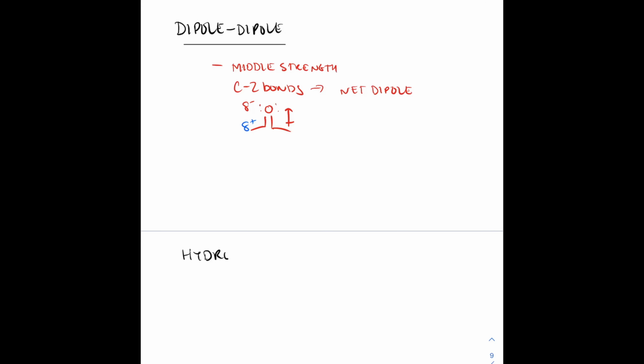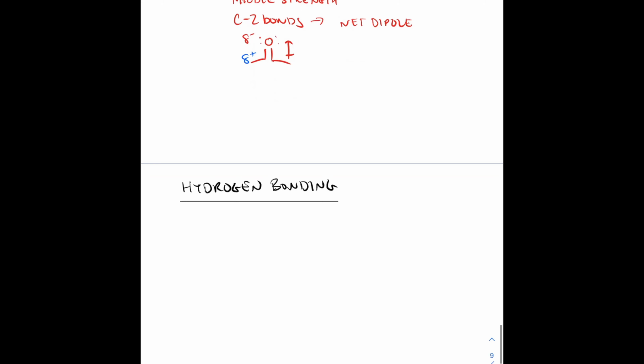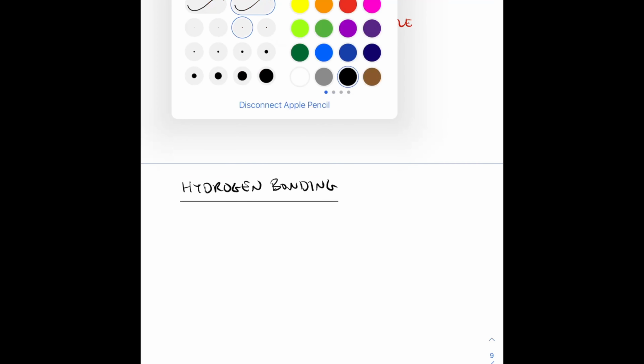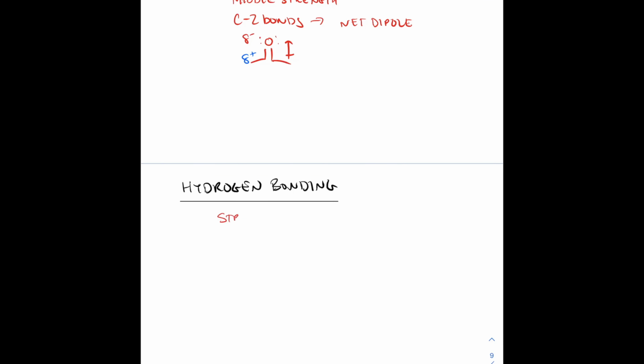hydrogen bonding. Okay, and hydrogen bonding, we definitely know this one already. This is going to be the strongest intermolecular force.